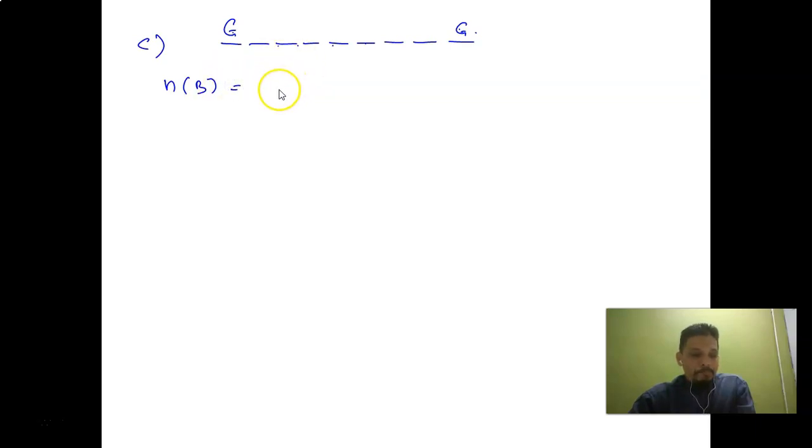So then the arrangement will be green marbles in the first and the last position. Here it is 7 factorial divided by 3 red, 4 yellow, and 2 green, where 2 green is already here and here. So 3 plus 4 equal to 7.